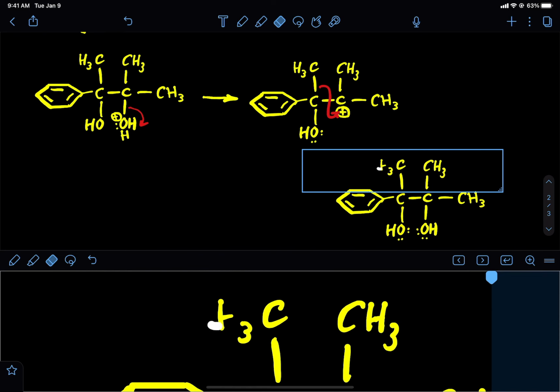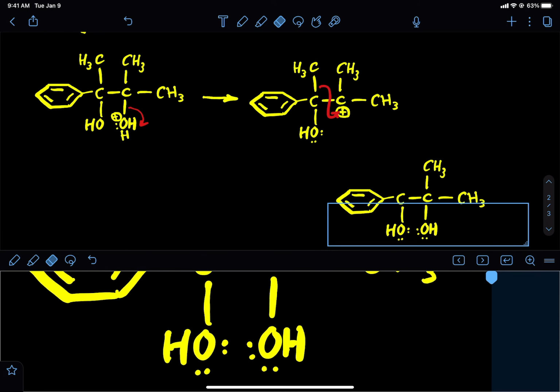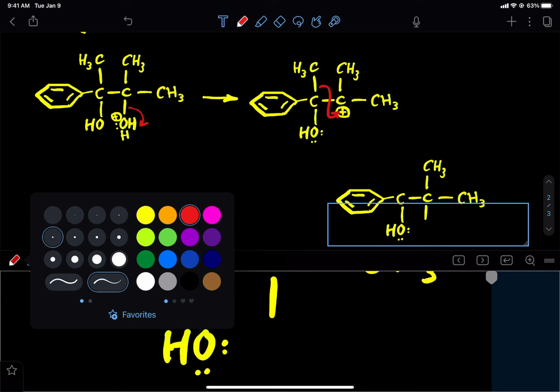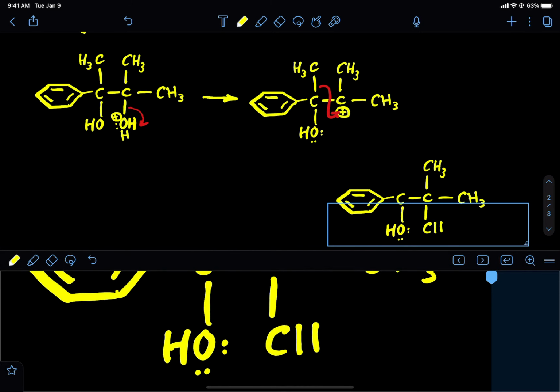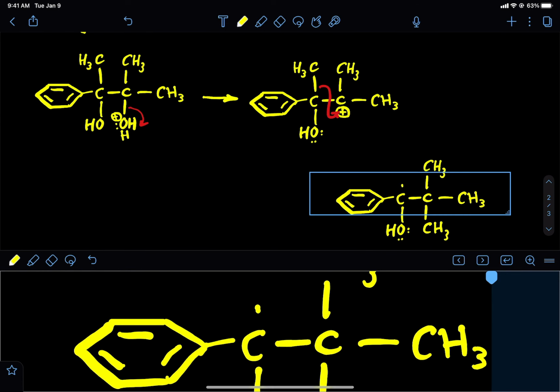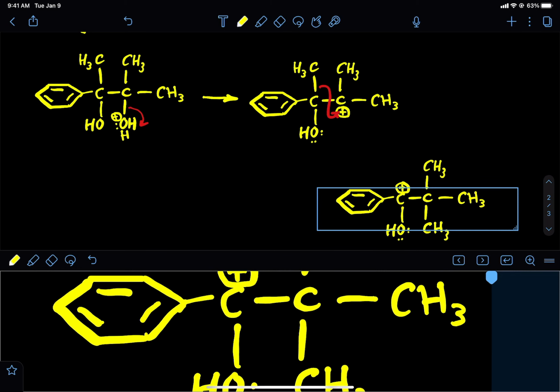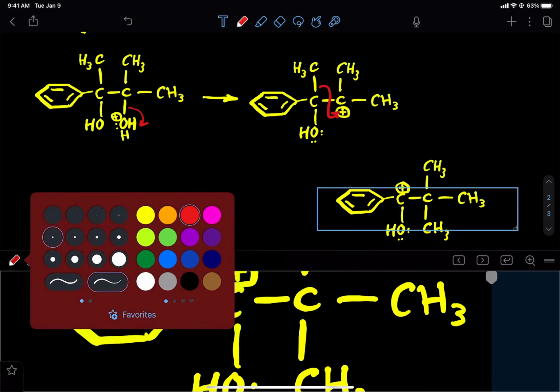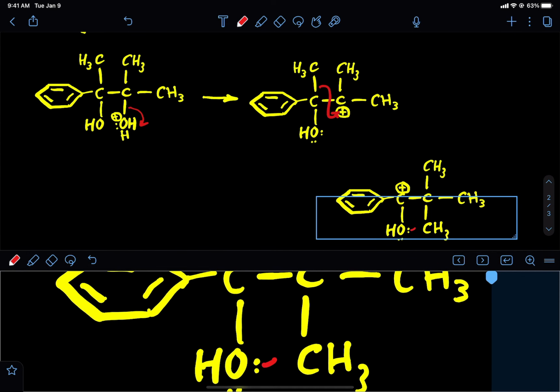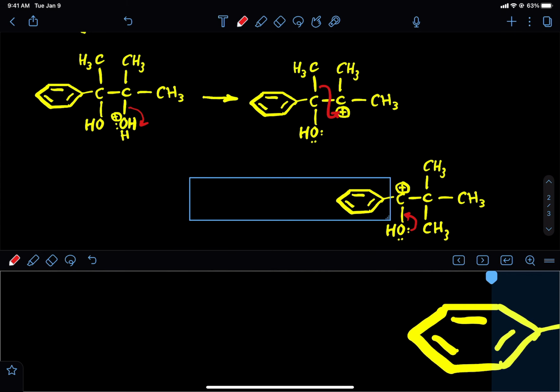Our methyl group here is gone. It's now migrated to the neighbor. And now we not only have a benzylic cation that is stabilized by the adjacent ring, it's also stabilized by resonance from the oxygen. So we've got a new structure, a novel structure that we wouldn't have ever gotten in the previous pathway.